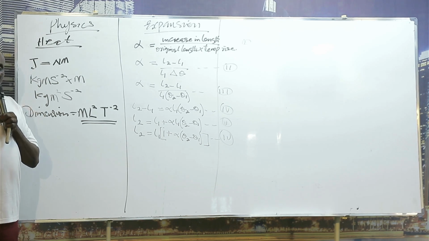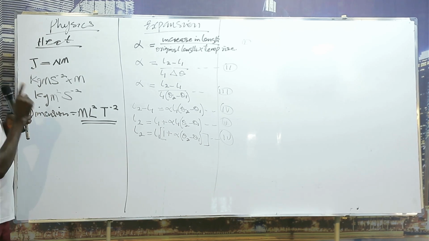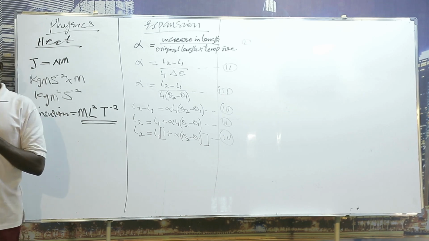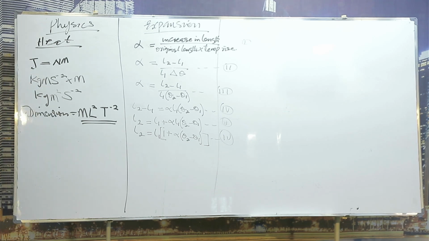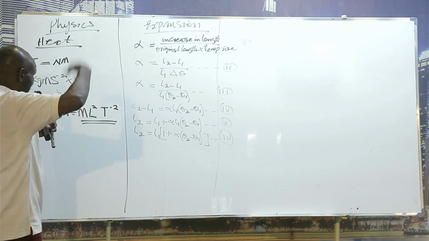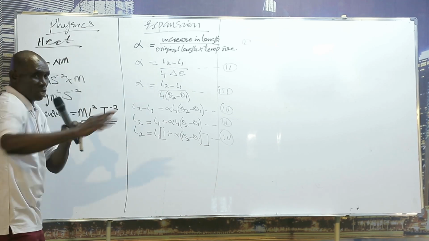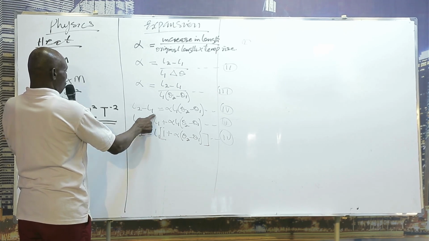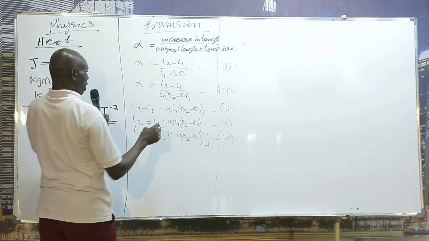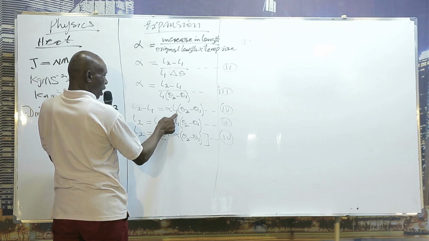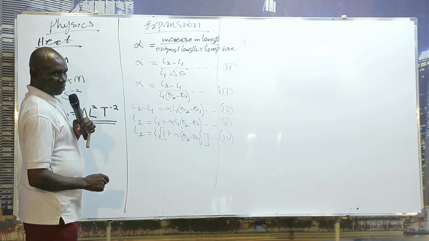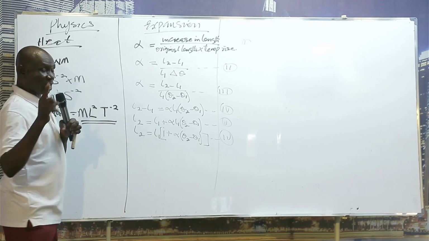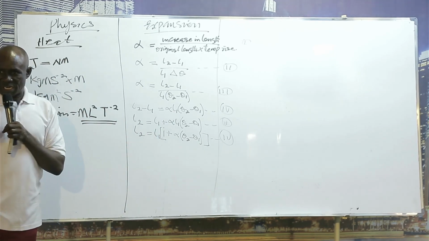The one you use mostly in JAMB is equation 4, because this equation 4 has many interpretations. Equations 1 and 2 are the same thing, but we just form equations. Look at this. L2 minus L1 is the same thing as alpha L1 change in temperature. Each of them is known as increase in length.